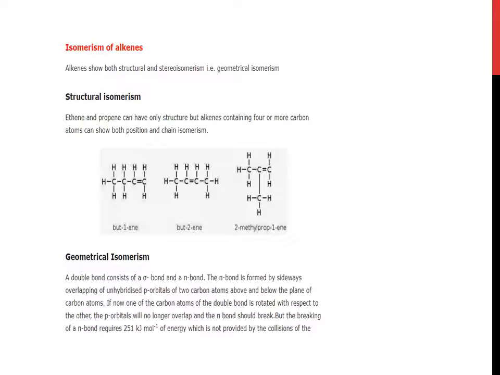If now one of the carbon atoms of the double bond is rotated with respect to the other, the p orbitals will no longer overlap and the pi bond should break. But the breaking of the pi bond requires energy equal to 251 kilojoule per mole, which is not provided by collision of the molecules.